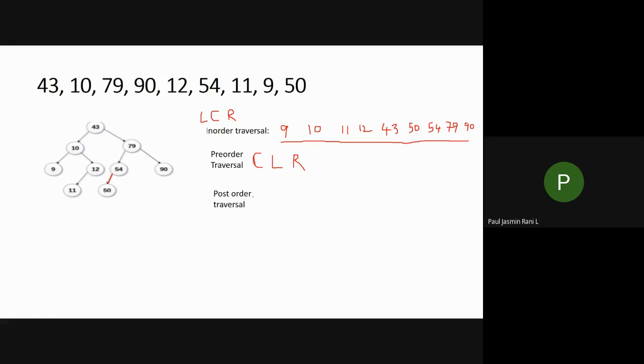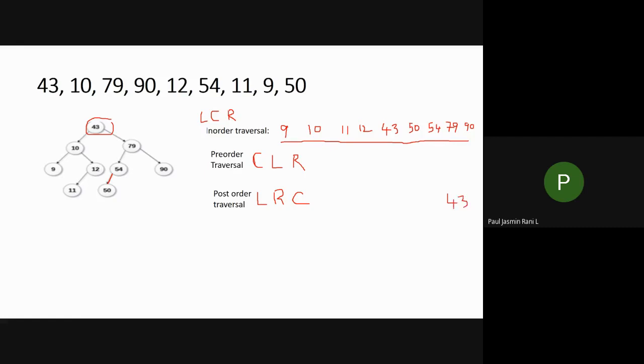Similarly, for post-order traversal, you give preference to your root at the last. That is, first you do left. Next you have to complete your right subtree. When everything is over, only then do you give preference to your root element. So only at the last are you going to print your root. If you take post-order traversal, the last element will be 43.